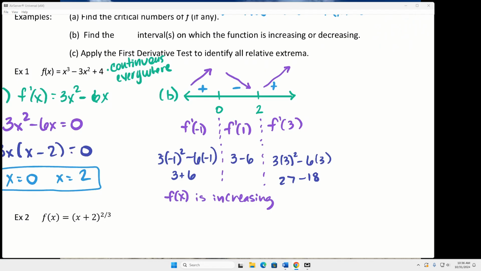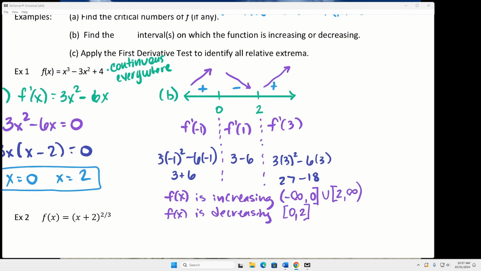And if the function is undefined, you don't include it. But we do include 0 in our increasing interval. So it's going to be from negative infinity to 0. All right, and then we're going to pick up at 2 to infinity. And then in between those, 0 to 2, the function is decreasing.